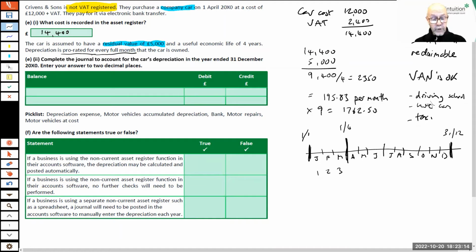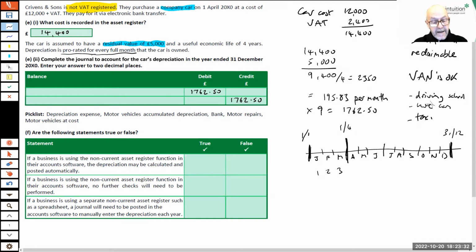Terrific. We're looking good. Now, we're going to have a debit of 1762.50, and a credit of 1762.50. That's not difficult, is it?